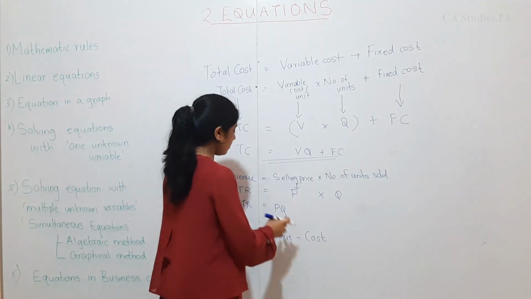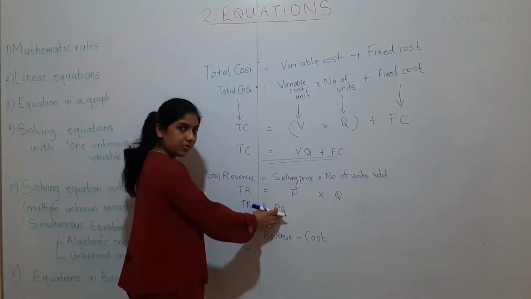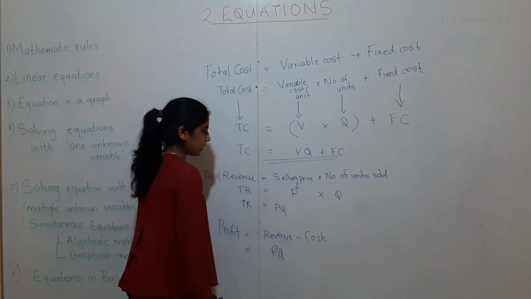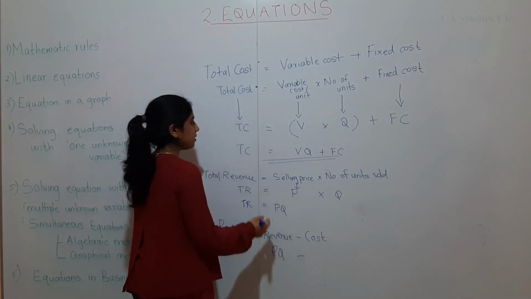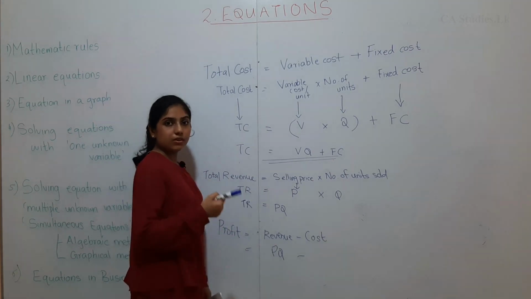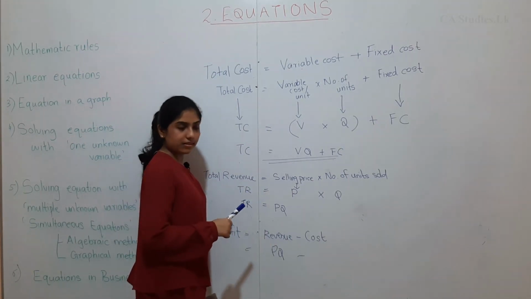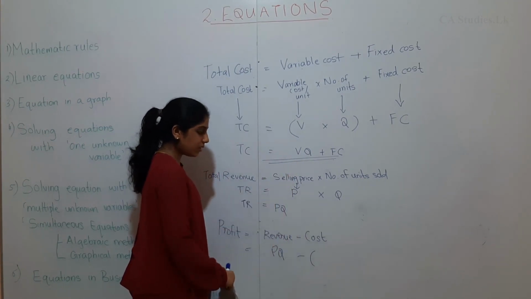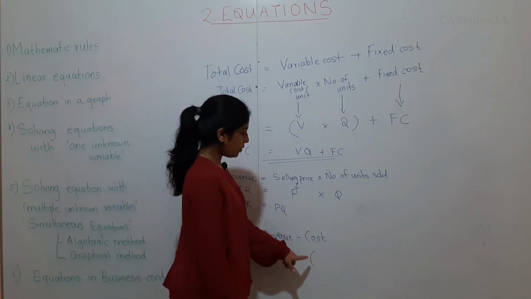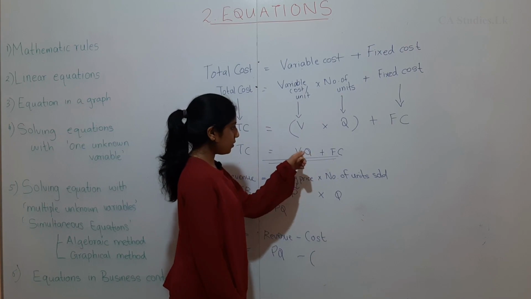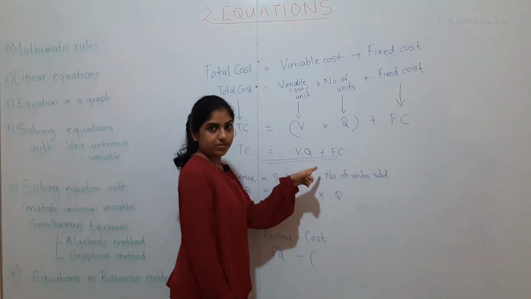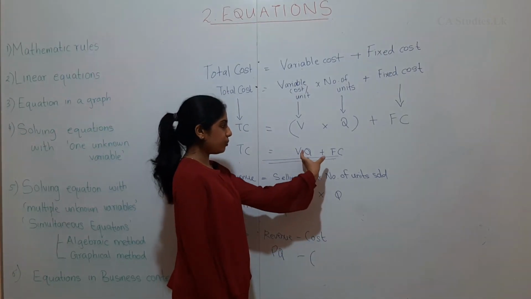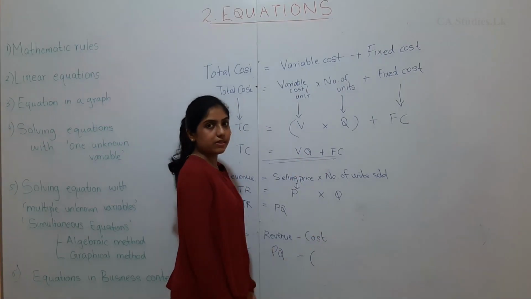Total revenue equals PQ, so you can substitute PQ over here. And total cost equals VQ plus FC, which you have to put within brackets to avoid confusion that this will be minus VQ and add FC. No, it's not the case. It has to minus the output of VQ plus FC.